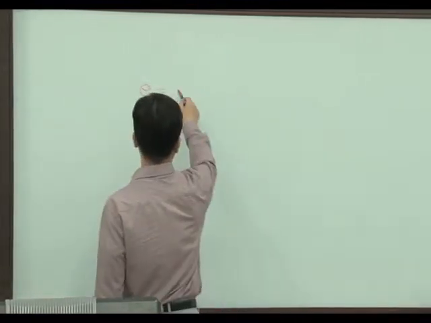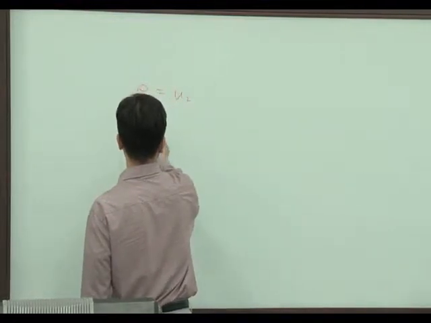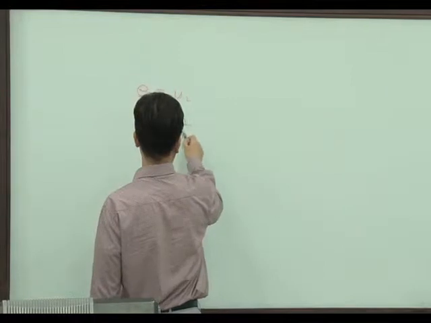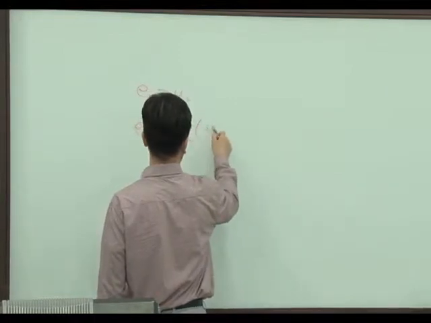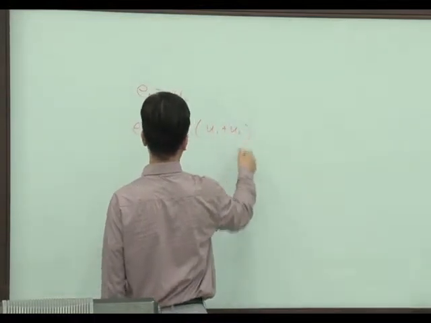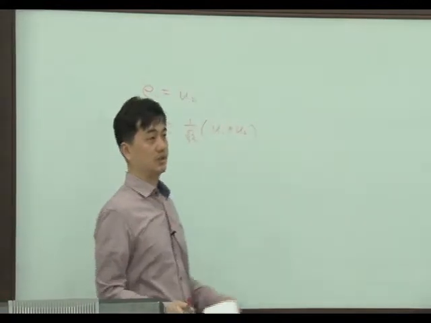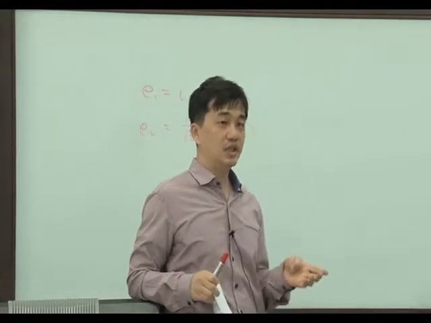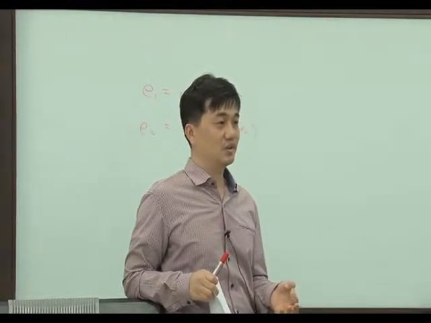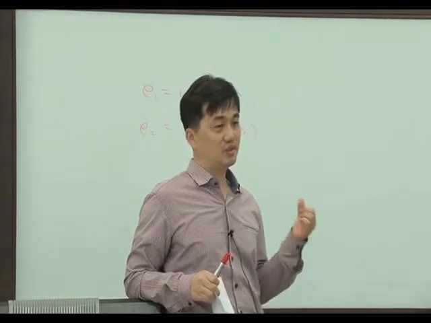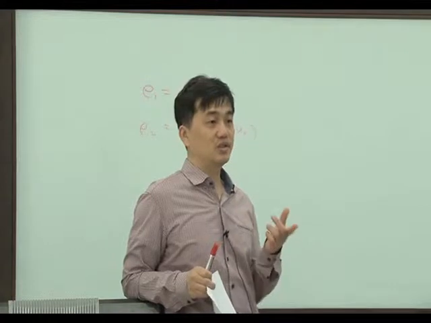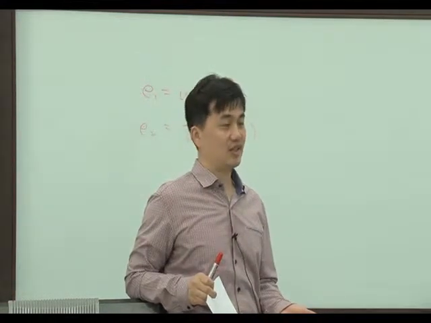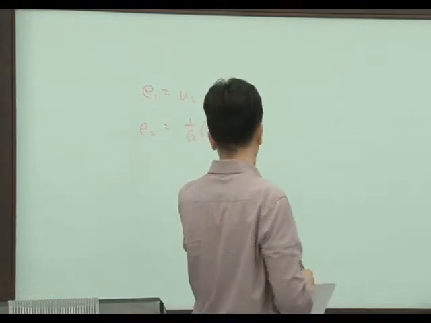U2. E2 equals 1 over square root 2 times U1 plus U2. What's this? This is the relationship between stretch and displacement. Okay? This is something like the relation between strain and displacement, right? Same thing in this case. Okay.